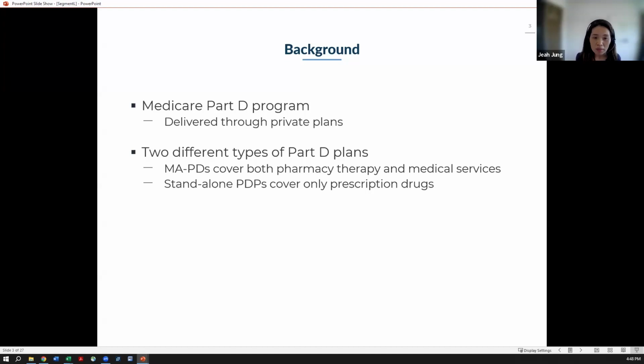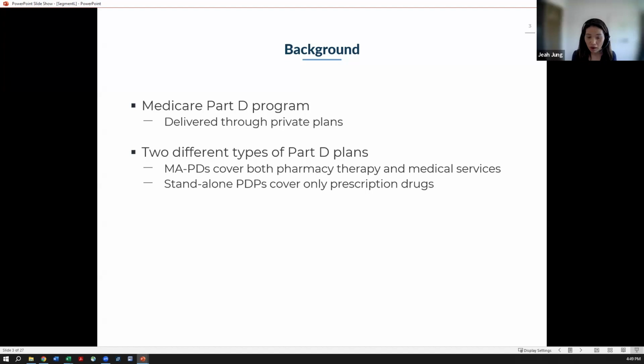Well, what is the real difference between these two types of plans? Of course, we see a lot of differences in benefit schemes, premiums or service areas. But to me, the one critical difference is that MAPDs, as one insurer, cover both pharmacy services and medical services, meaning Part A and B services.